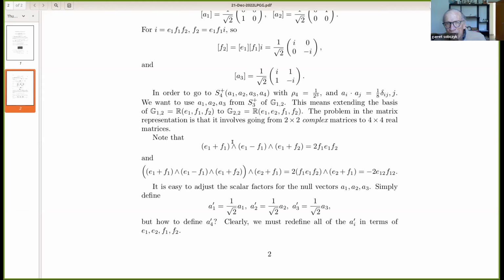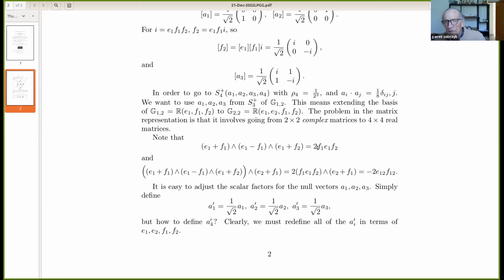In terms of the standard basis E1, F1, and F2, that's the standard basis for G1,2. The A's were defined by E1 plus F1, E1 minus F1, and E1 plus F2. If you calculate this outer product, you'll find that it's just equal to 2 F1 E1 F2.